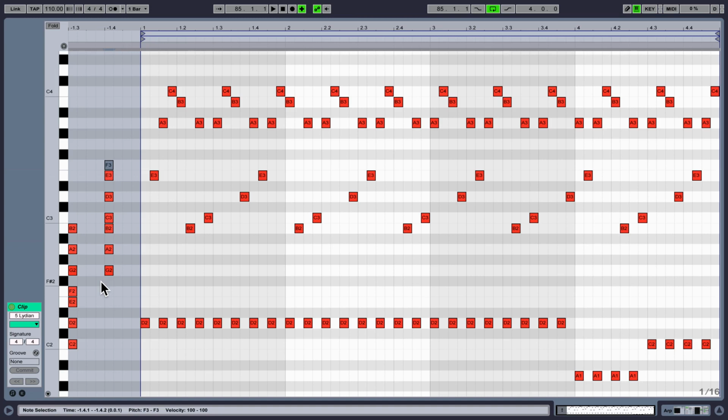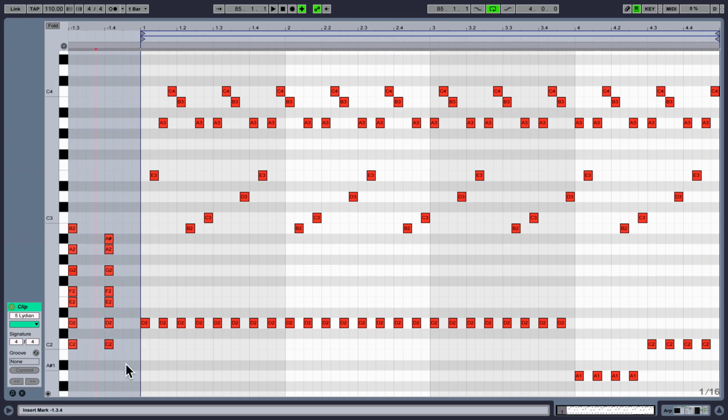Which one is the crucial note for G Mixolydian compared to C major Ionian? Bring it down again, and here's our difference. We are playing A sharp compared to B. It's a minor 7th compared to a major 7th.